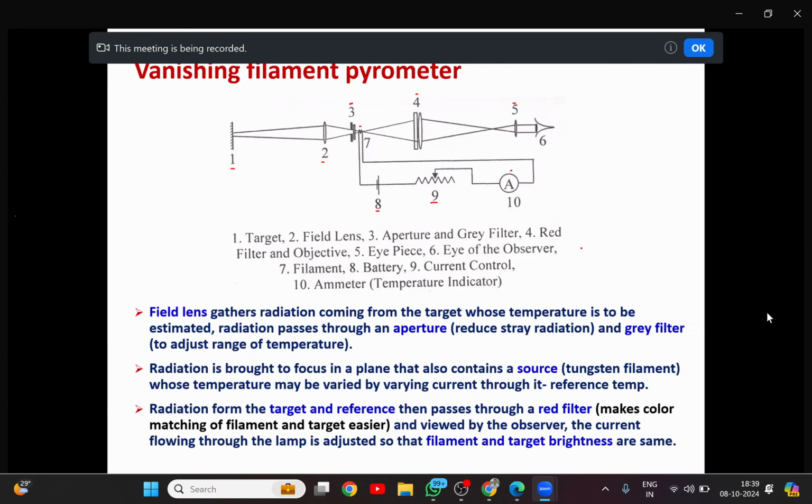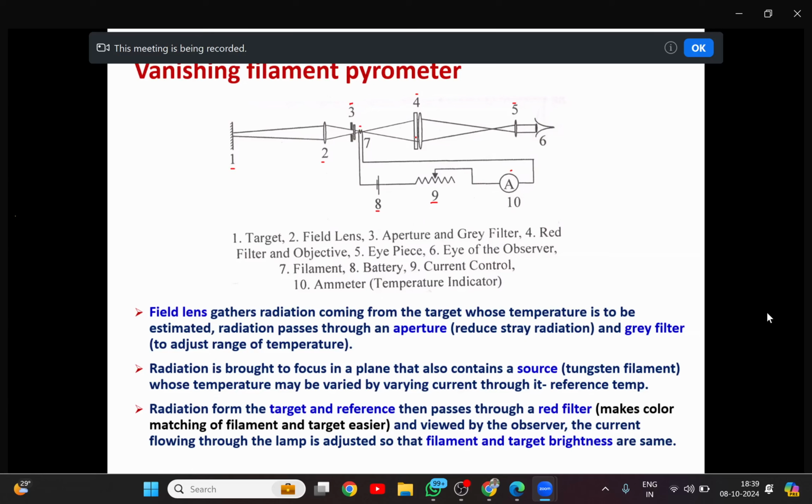And you have the radiation coming from both the target, that is 1, and the radiation coming from this heated filament, 7. Both actually pass through a red filter.